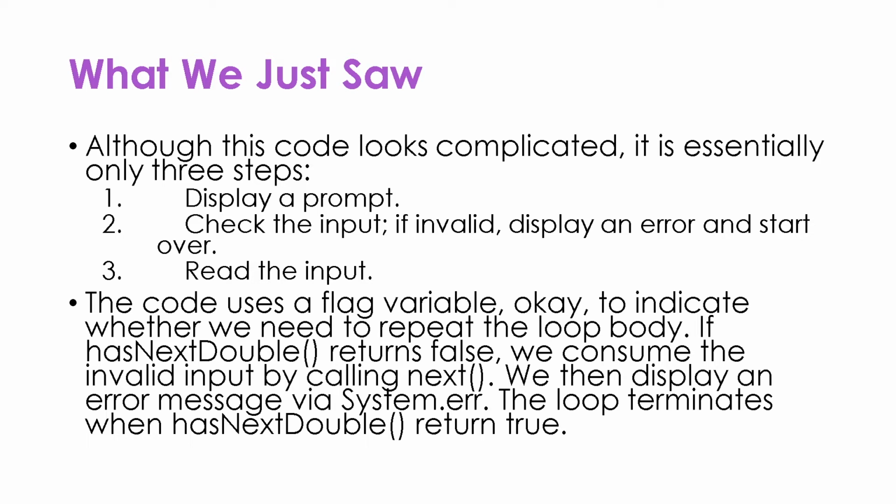We can take anything with that next scanner method and pass it through to a string. We can then display our error message via the System.err method, and then the loop terminates when has next double returns true. So we'll do this example in just a minute.